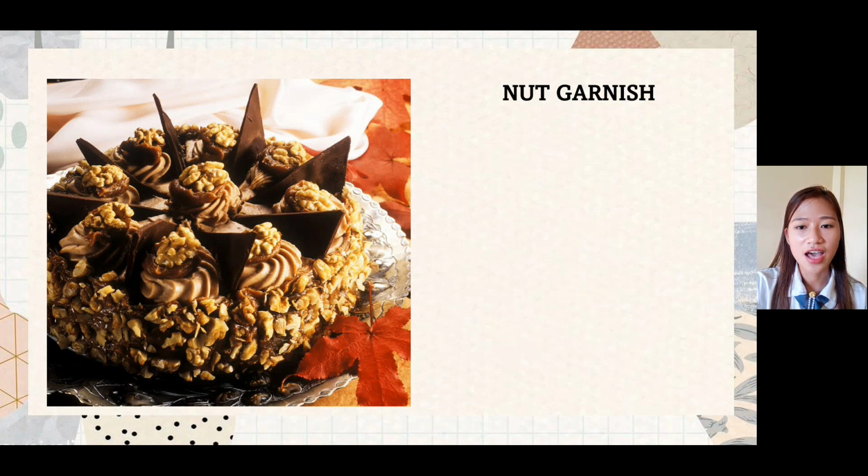Next is the nut garnish. This is a sample of nuts in cake, so we put some nuts. Commonly in donuts too, we add nuts.